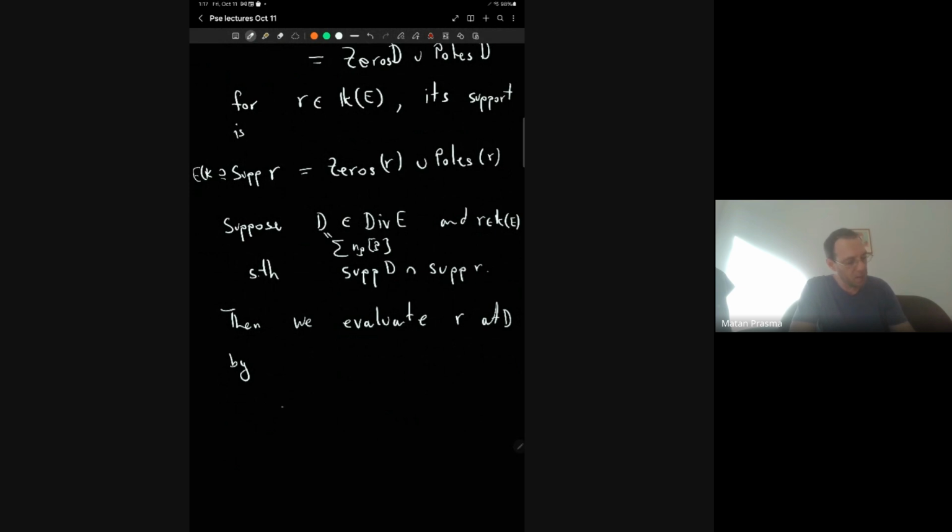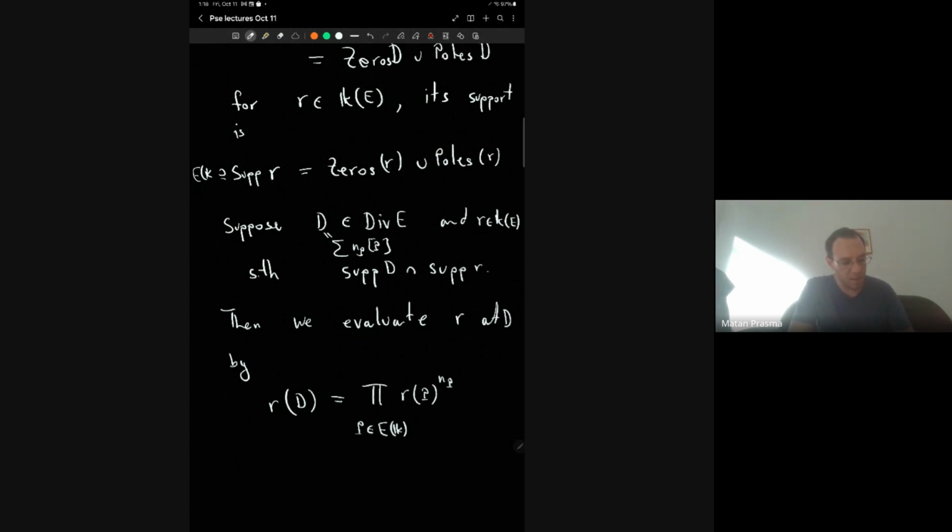If I want to evaluate R at a divisor D, which is the finite sum of n_P [P], I take the product of R evaluated at P to the power of n_P, where P runs over all points.